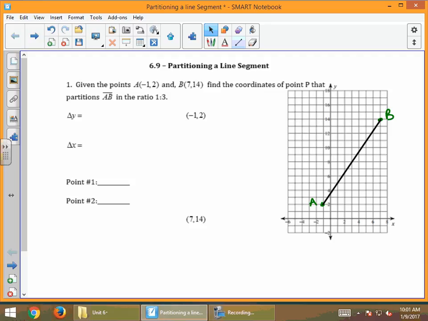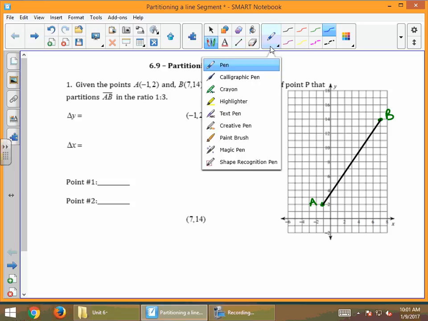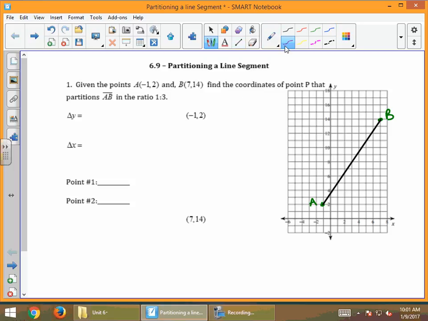Alright? To find the change in Y, all you have to do is count up, or down. Whatever. I always start with the first point they gave me. That's important. So if they gave us A first, we're going to start with A, and we're going to count up.